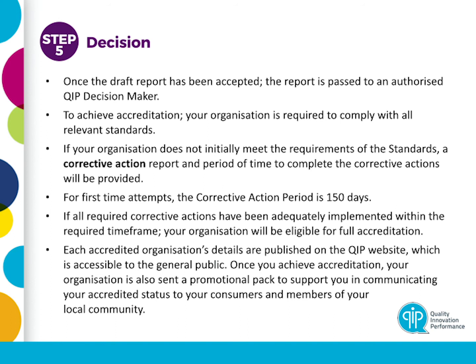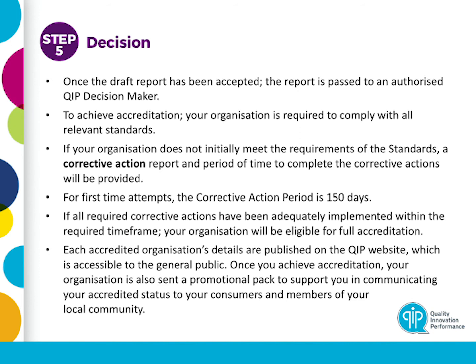Accreditation isn't awarded until you have met all of the standards, and it is perfectly okay not to meet all of the standards the first time round. We know Rainbow Tick is an absolute humongous job, and it's not uncommon for organisations to come out of it with some corrective actions.